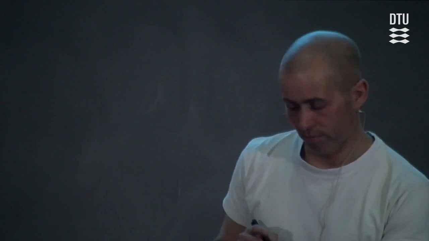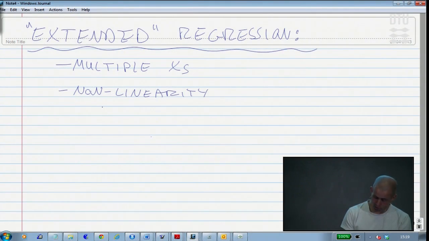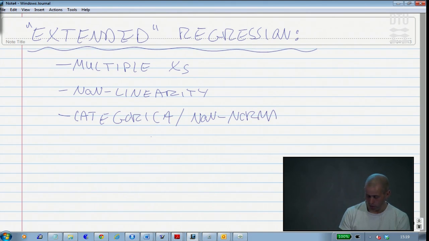Three things I'm going to focus on here. I'm going to focus on multiple x's. I'm going to focus on nonlinearity. And I'm going to focus on categorical, or maybe quantitative but non-normal, observations, y's.